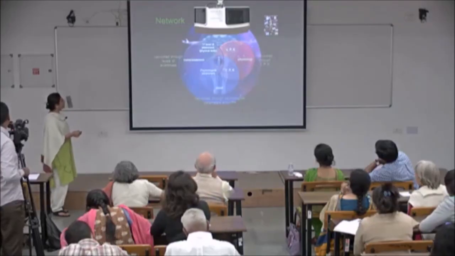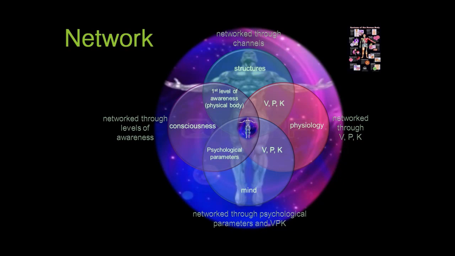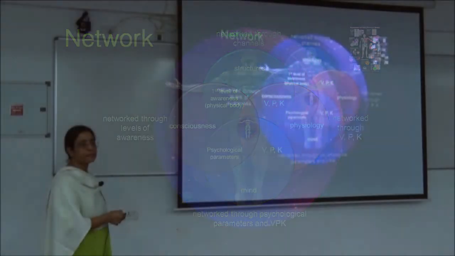These domains are connected within themselves, but they are also connected to the other domains. Vata, pitta, kapha acts as a link between structures and physiology, and again between the physiological and the psychological domain. Between the psychological and consciousness, sattva, rajas and tamas act as a link.